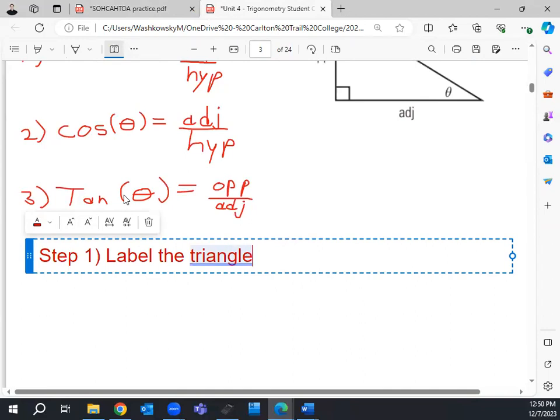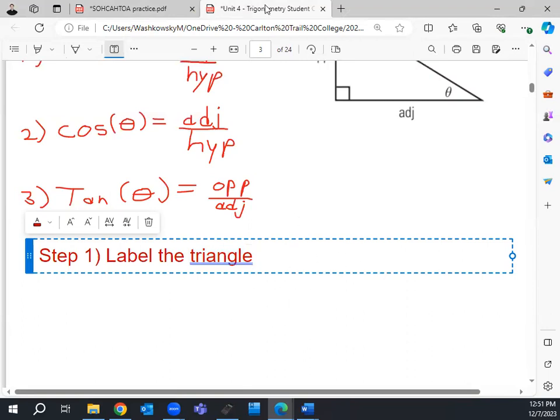And that means the angle, but that also means which side is what, like opposite and hypotenuse and stuff like that.